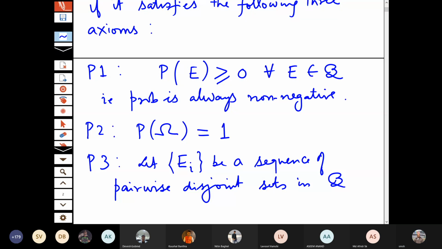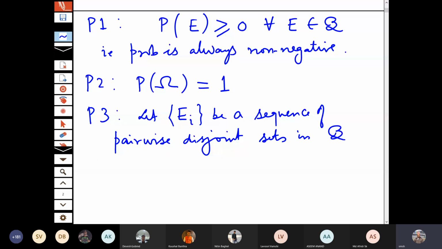It means that if I take any two sets, then their intersection is phi. So E1 intersection E2, E5 intersection E10, all of that will be phi. Then probability of union of E_i is the sum of the probabilities of E_i. This is called the axiom of countable additivity.